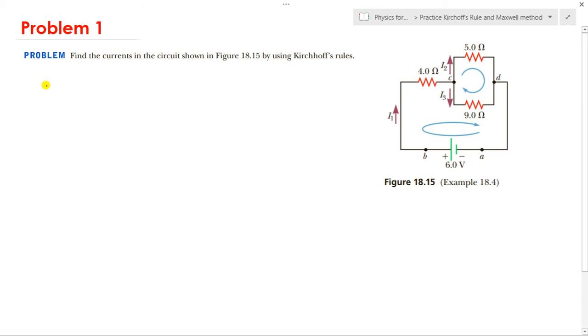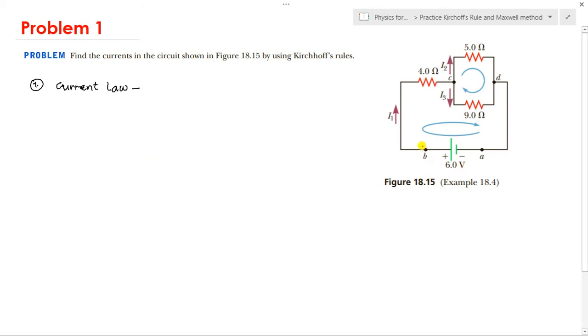So which node should we choose in order to analyze using the current law? Which is the most efficient node so that we can derive an equation that will relate these 3 currents? Is it node B?